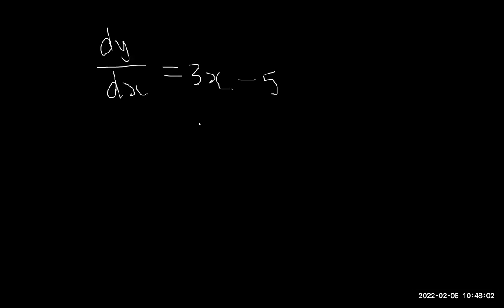They would give you a point that lies on the curve. In this case, they told you the point named Q has the coordinate (4, 8). So the first thing you want to do to find y is to integrate this.